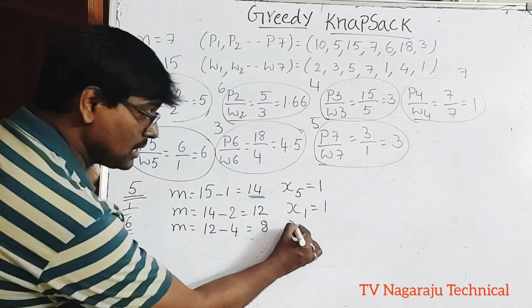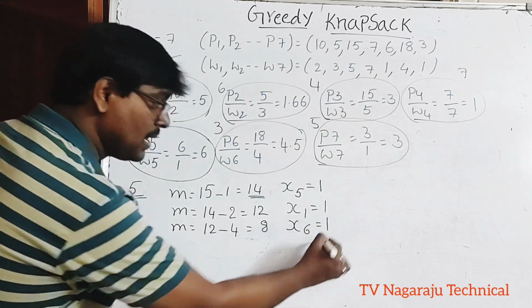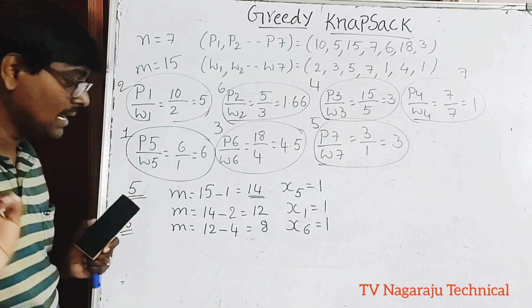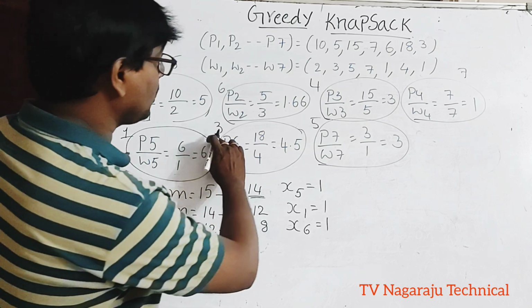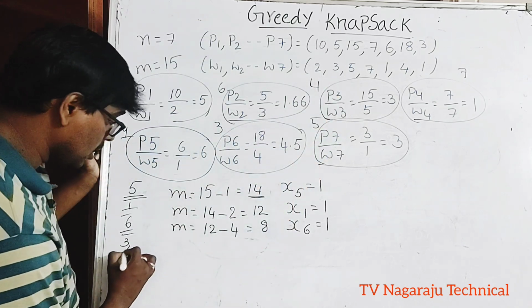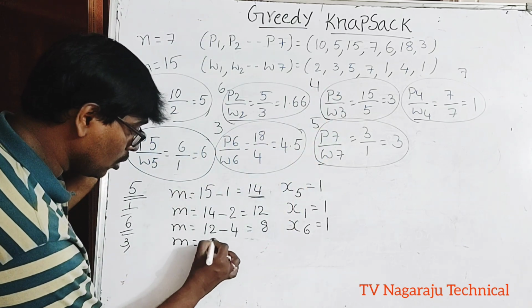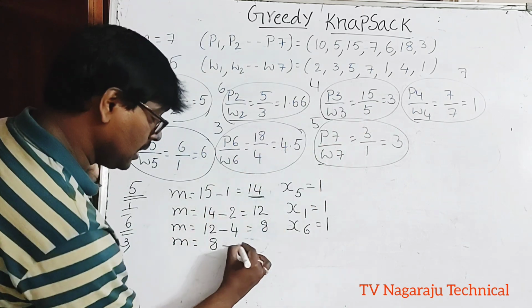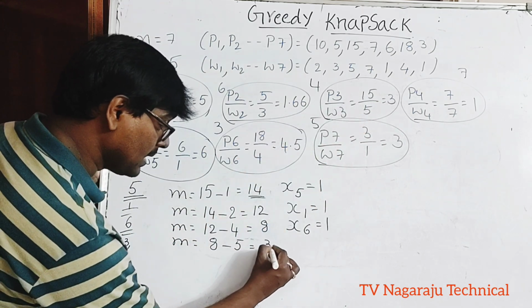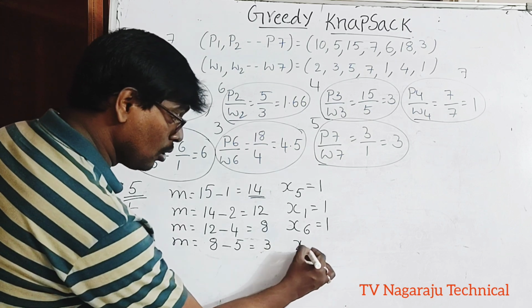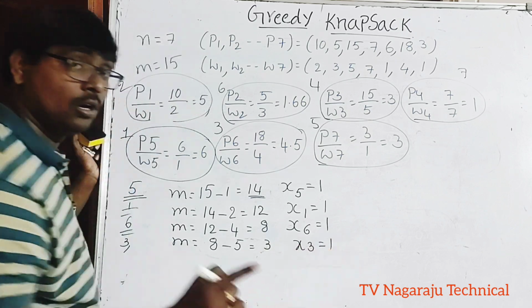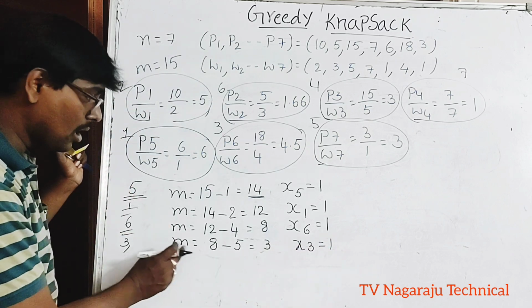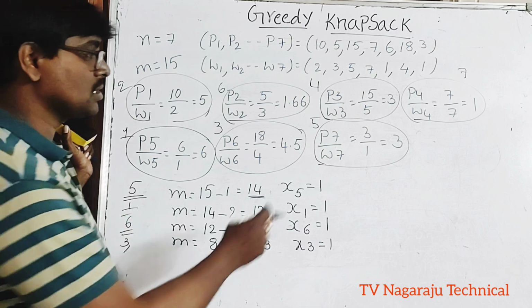So my sixth object is also placed successfully. Clear? Now the third object. So M is equal to 8 minus the weight of the third object, 5. 8 minus 5, 3. So x3 is equal to 1. My third object is also placed successfully.